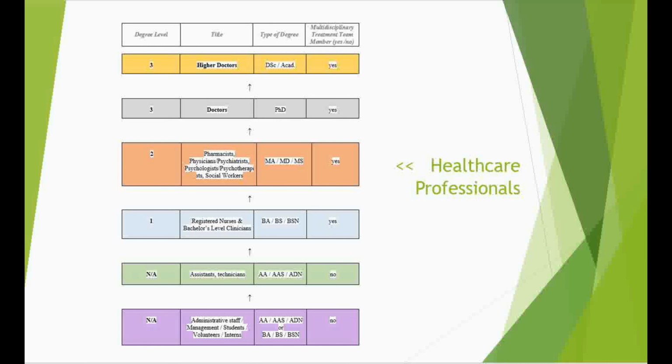And the highest level, as the name implies, is higher doctors. The higher doctor really defines a higher doctoral degree or higher doctorate. Now, in general, depending which one you follow, this title is either DSc or Acad.